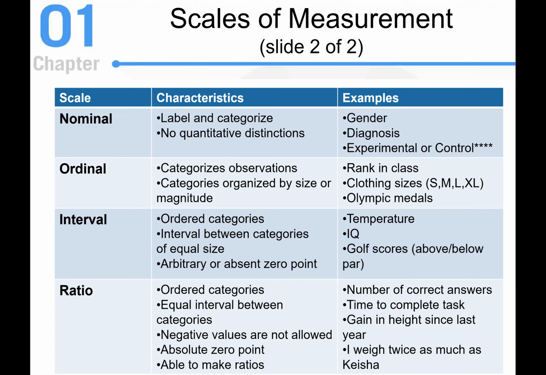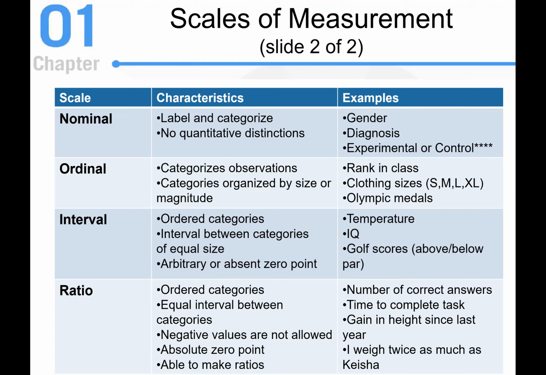Just like the ranks in class, another example would be Olympic medals. Somebody received the gold medal, so they did the best. Somebody received the silver medal, which is essentially second best. And somebody received the bronze medal, which is the third best. Let's say we don't have any other time or anything like that.